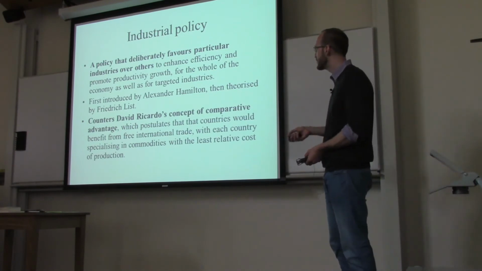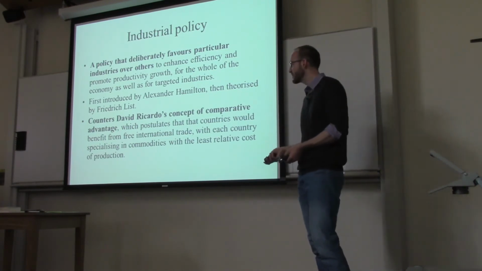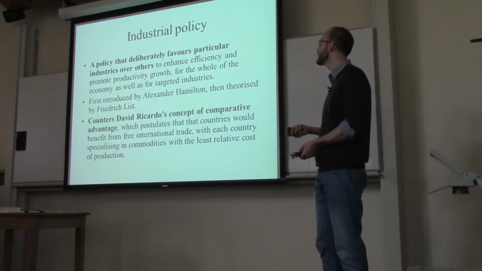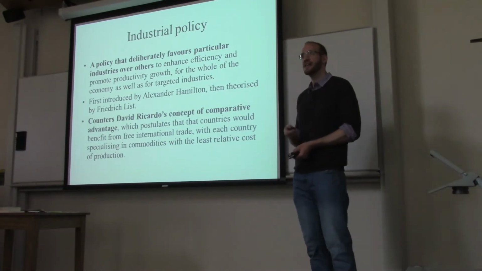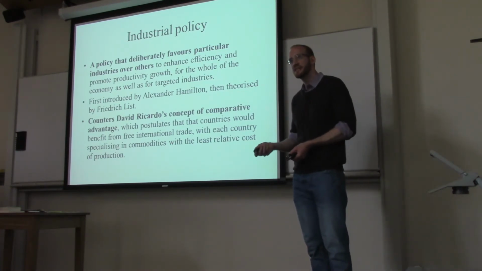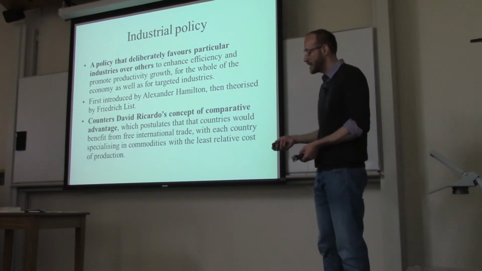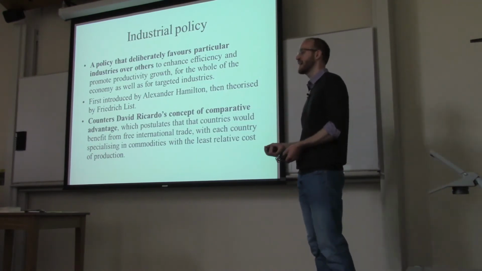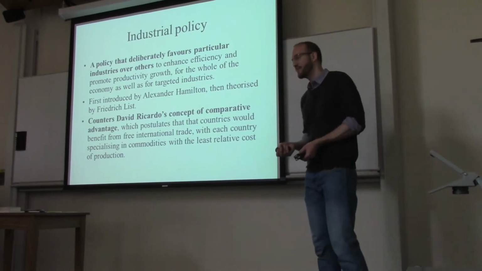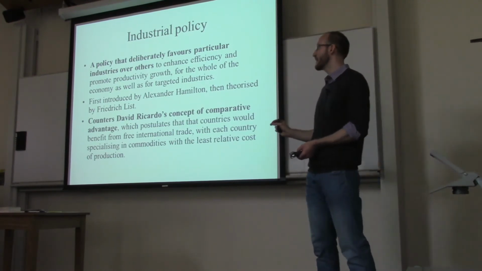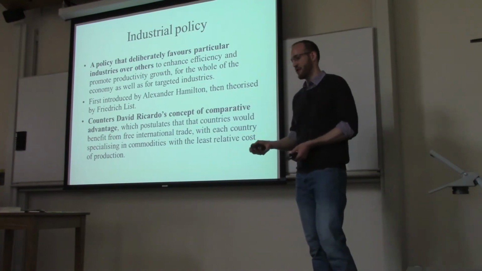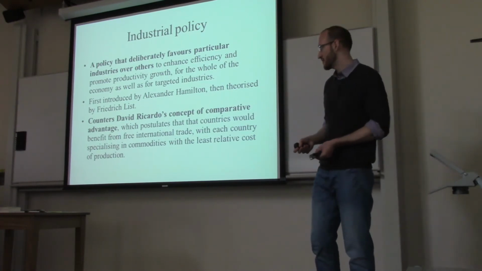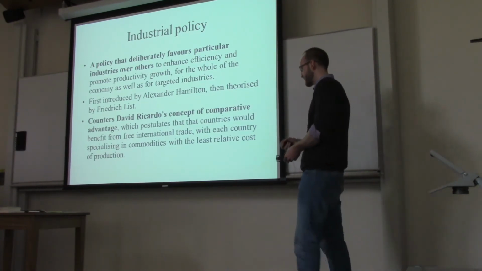It was first introduced by Alexander Hamilton, who some of you might have heard of. He was the first US Treasury Secretary, then theorized by Friedrich List. They had the opinion that the development of productive capabilities, or more specifically manufacturing, is a big part of the prosperity of a country's economy, of the national economy.